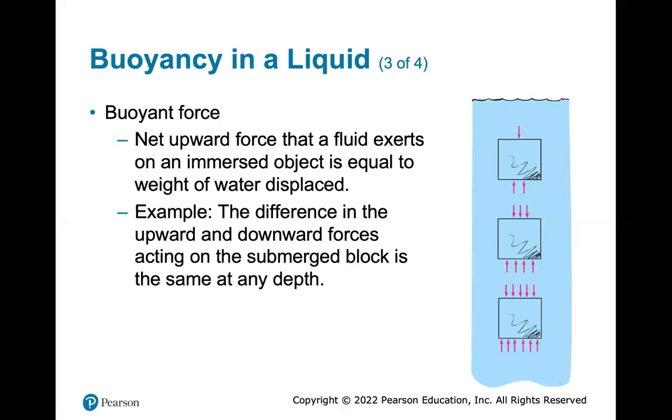That's the buoyant force. So it's irrespective of depth. Now, the deeper you go, the more pressure you'll experience, but the delta between the top and the bottom surfaces is always going to be the same. In this case, one unit, whatever that vector force is.